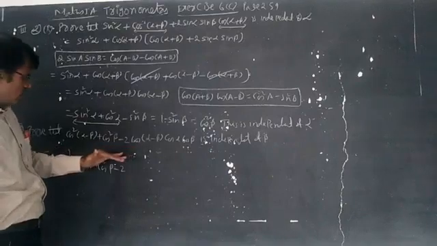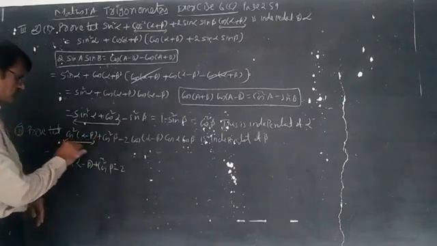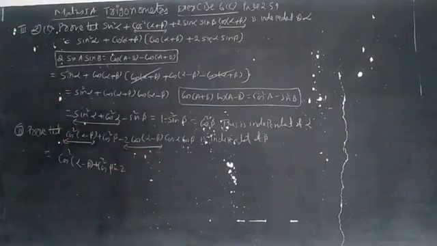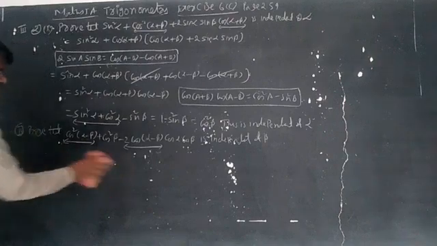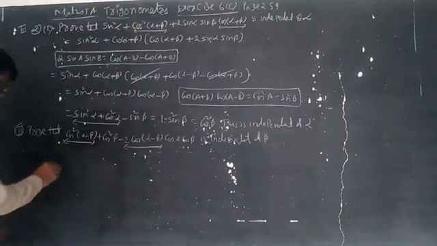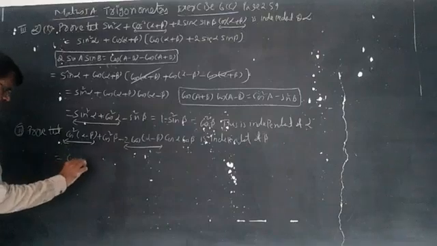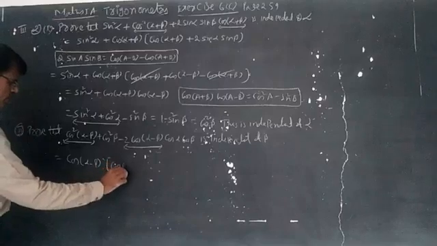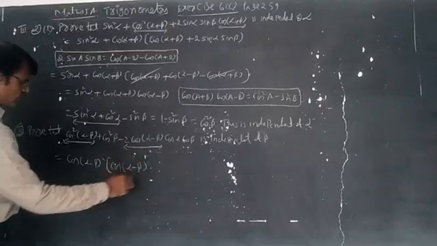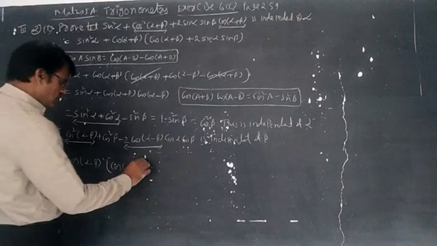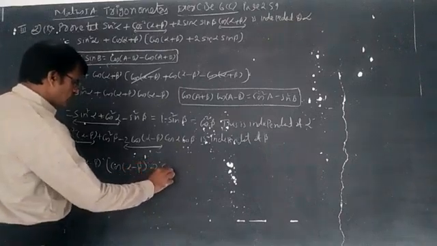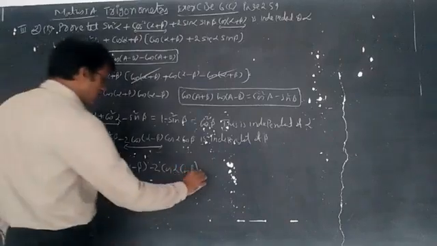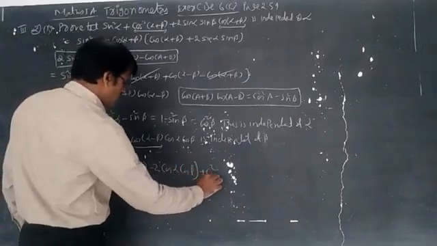What is the common here? Here cos square of alpha minus beta, here cos of alpha minus beta. Take cos of alpha minus beta common. Inside the bracket, cos of alpha minus beta minus 2 cos alpha cos beta, and separately cos square beta you write.